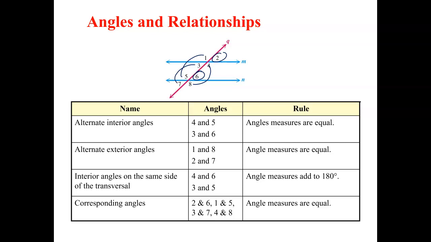So the thing with all these relationships, as long as I know one of those angles, that's all I need. I can find the rest of them, using the fact that half of these are going to be congruent to each other. 4, 6, 3, and 2 will all be the same measure because of one or another relationship.